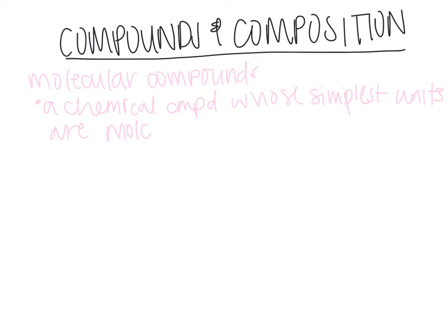Examples of these are pretty common ones that you are familiar with, like H2O and CO2. So they're a chemical compound whose simplest units are molecules. They're also categorized by the type of bonds that they form, and we'll talk about those later at a different time once we understand compounds and compositions completely.